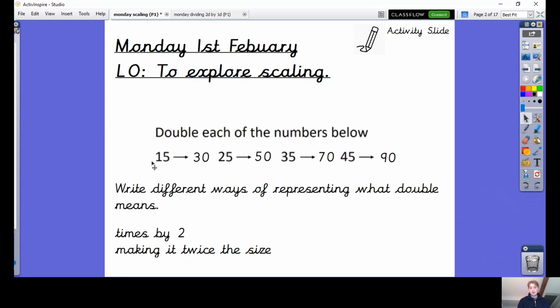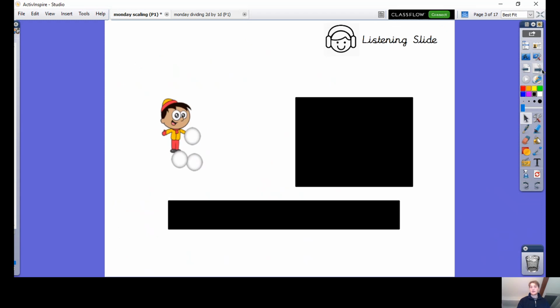So as you can see here, we've doubled 15, and 15 twice its size is 30. Just like 15 times 2 is 30, and just like double 15 is 30 again. These are just different ways of saying we can times by 2. Okay, super.